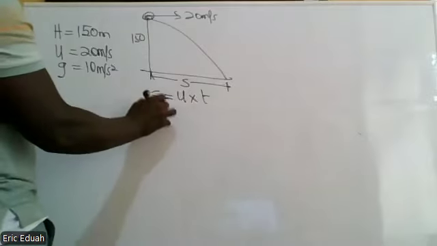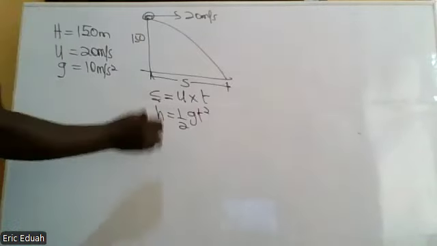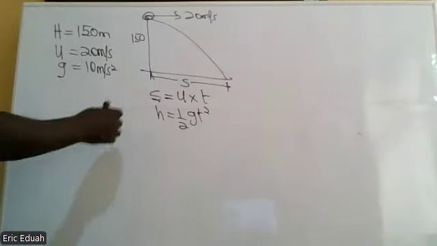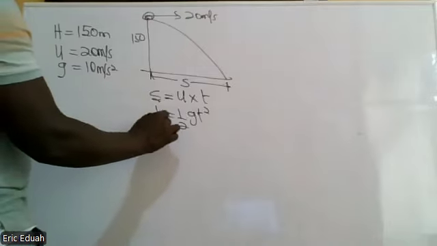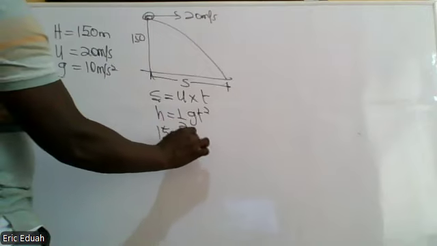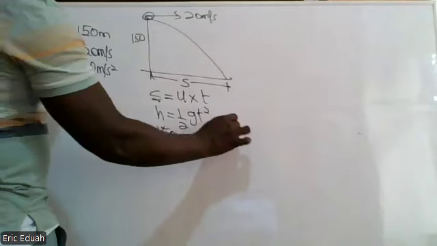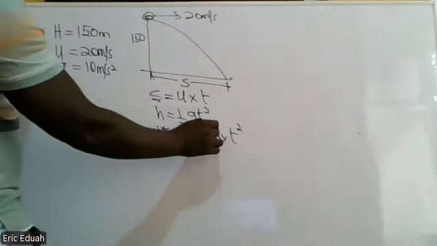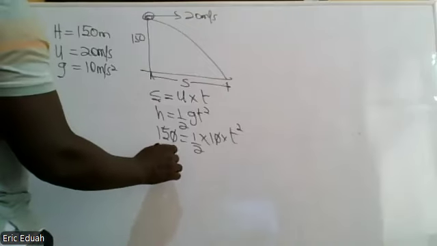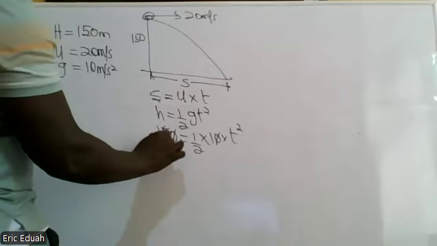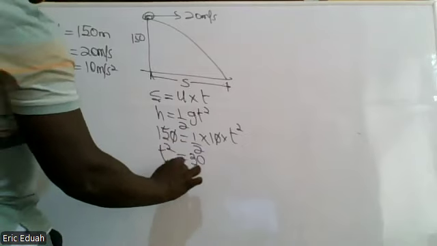So using h is equal to half g t squared, you can easily find that and then substitute. So 150 is equal to half times 10 times T squared. So you have T squared is equal to 30. What's the square root of 30?